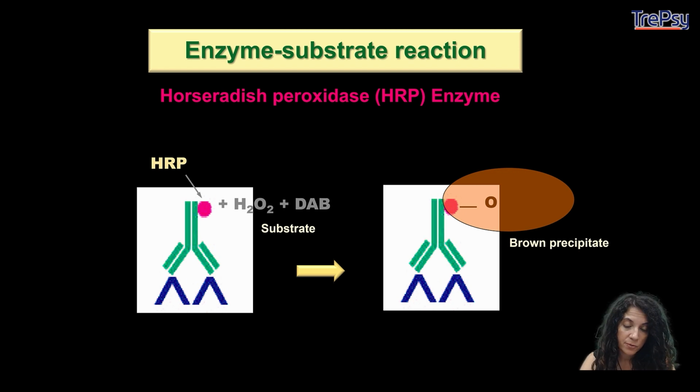Then we produce a chemical reaction and we can see a brown precipitate. This brown precipitate I can see in my tissue. This is named conventional immunohistochemistry.